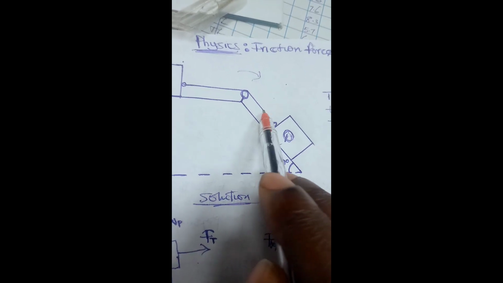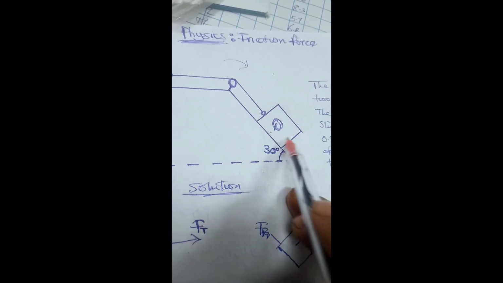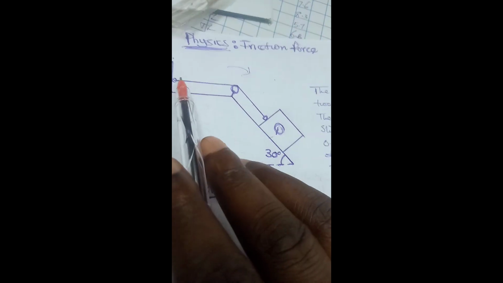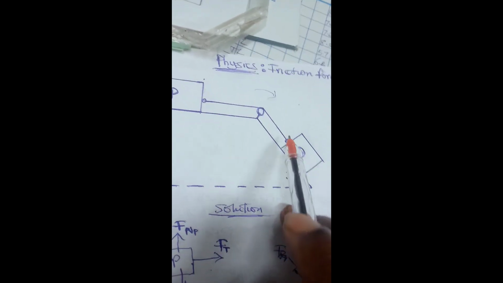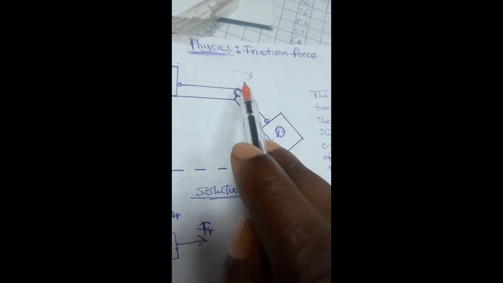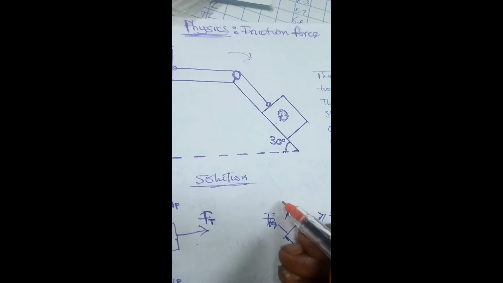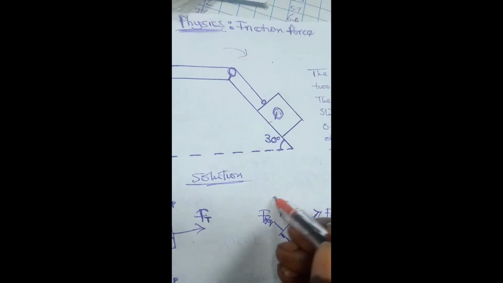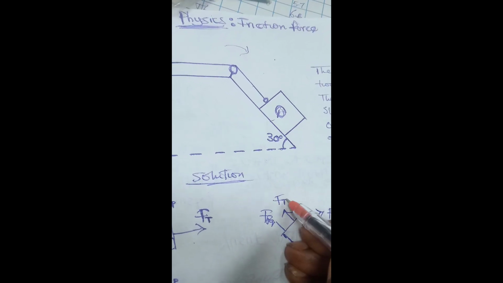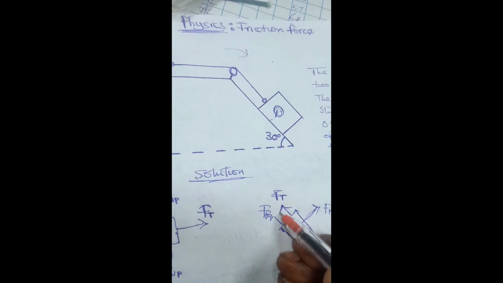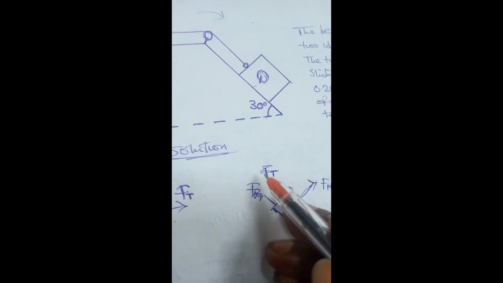Remember, it is the tension that will be affecting the free movement of this one. So if the tension in P is moving like this, then the tension in Q will be moving like this. So the tension in Q is going to be F of T. So that one is moving this way, while this is moving this way.